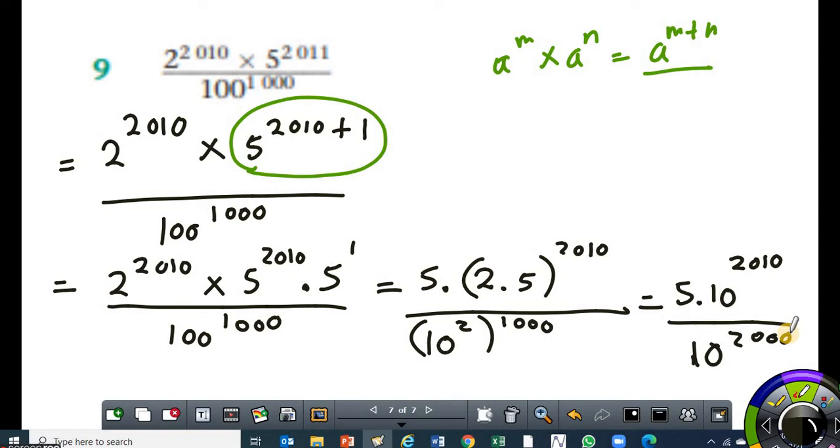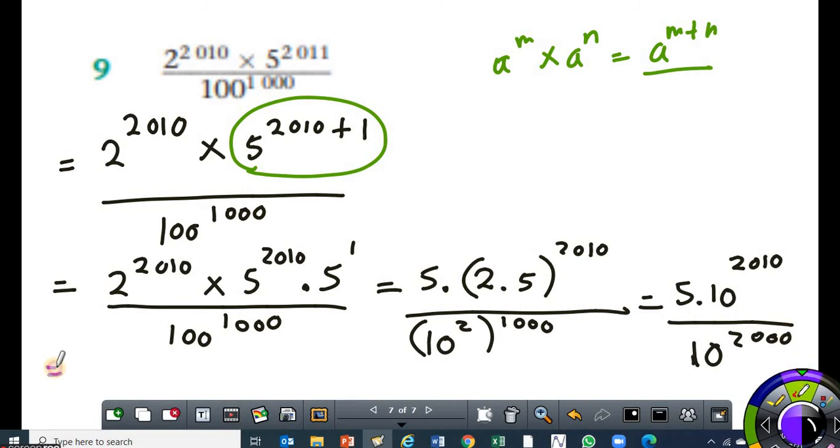Now, do you see that the base here is the same, the base there is the same? What do you do if you are dividing bases that are similar? You subtract the what? Exponent. So we can now subtract and write it this way. Make sure you look there.